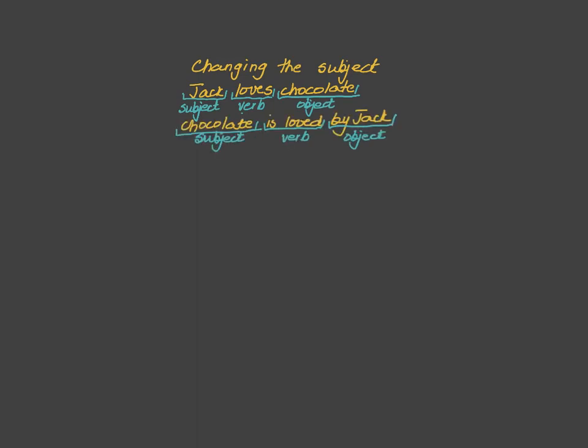Let's go on to see what we mean by those words changing the subject. In the sentence, Jack loves chocolate, Jack is the subject, loves is the verb, and chocolate is the object. It is possible to make chocolate the subject of that sentence. Chocolate is loved by Jack.